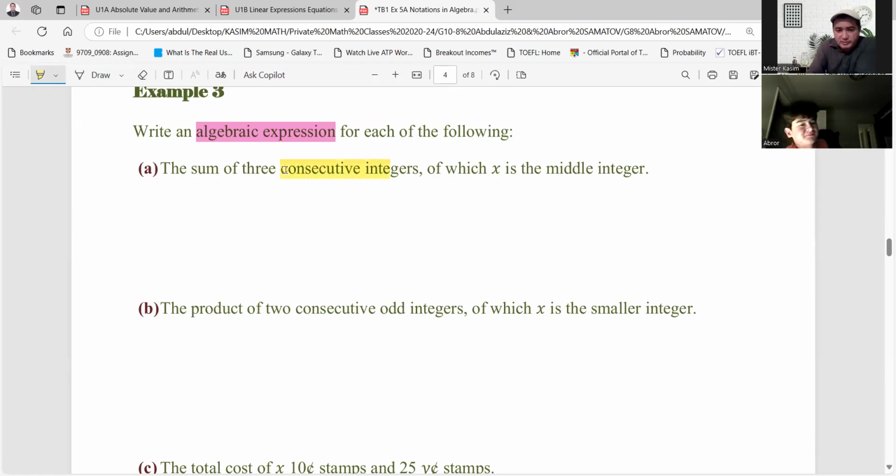What does integer mean? An integer is a real number that doesn't have a fraction part or decimal part, like negative 5, negative 6, 0, 1, 2, 3, 5, 10, negative 10. These are integers.